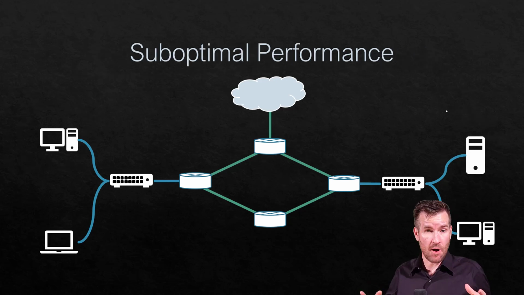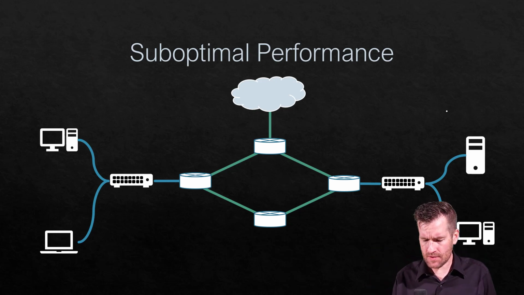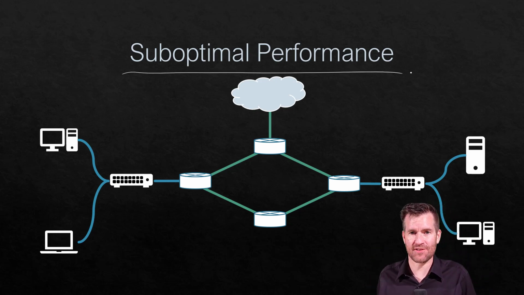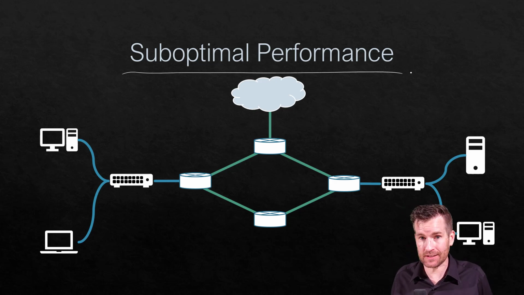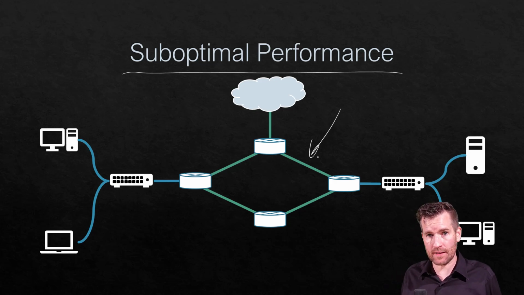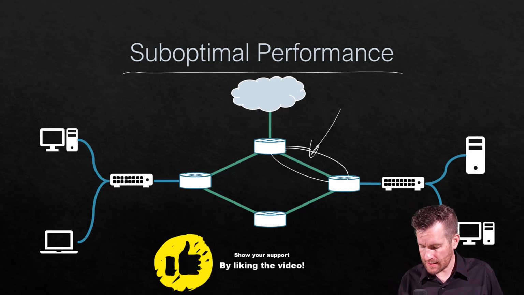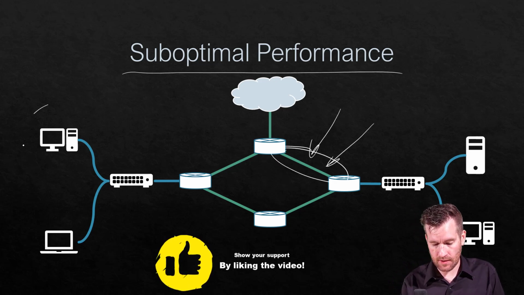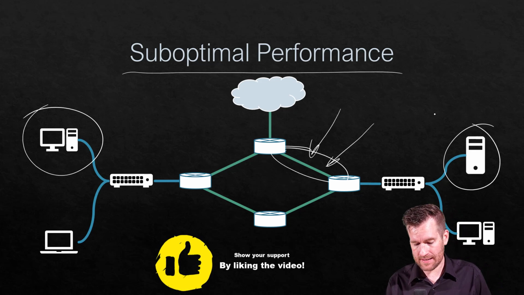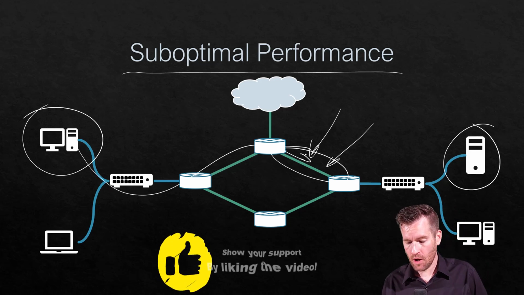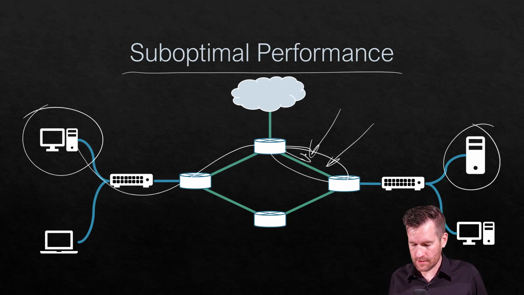On a similar note, maybe it's not a network going down which is the problem, but just suboptimal performance, that there is some sort of link that's struggling on your network. Perhaps one of these links just doesn't have the bandwidth that it needs to handle the traffic. So the traffic along this line is really underperforming, and the communication between these two devices is competing to get across those lines.